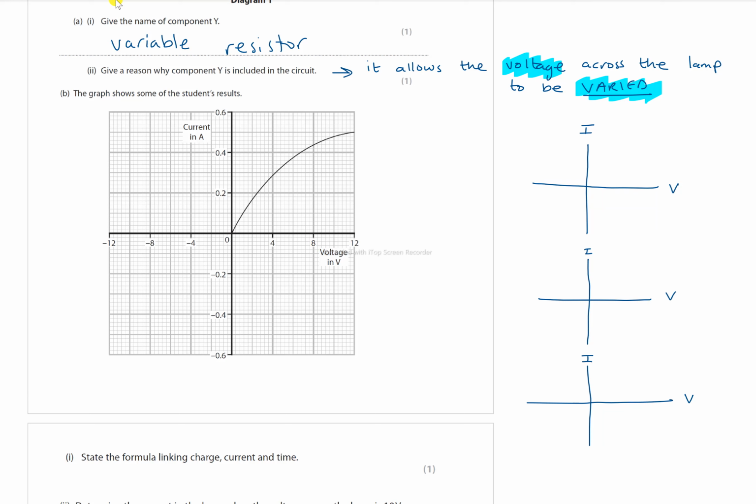Right. So this one is going to be for a wire or a resistor.